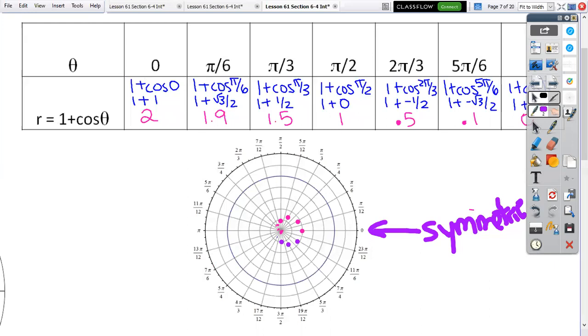And 5 pi over 6 flips down to 7 pi over 6. So the symmetry, even though it took a moment to find the symmetry to test the 3 different types, it gave us all of those points on the graph. So now we can see, hey, I actually got the shape I was supposed to get, which is that cute little heart shape. I think that's such a cute graph. I found it exciting.